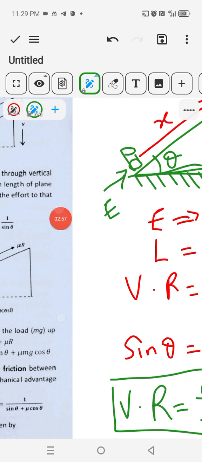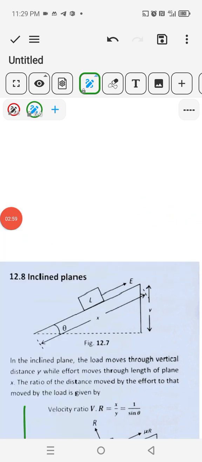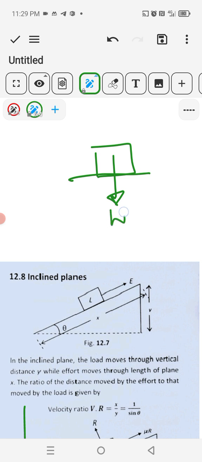If the object is on flat ground, that's when the weight will act downwards. But because the surface is bent like this, the weight will have another component acting like this. The weight will act parallel to the inclined plane.